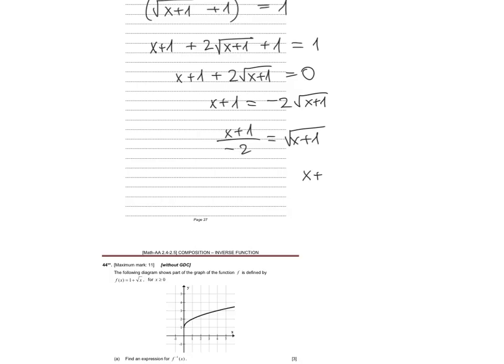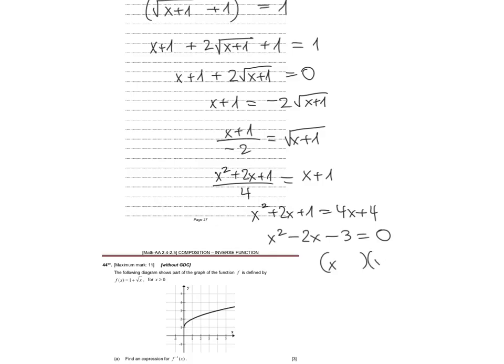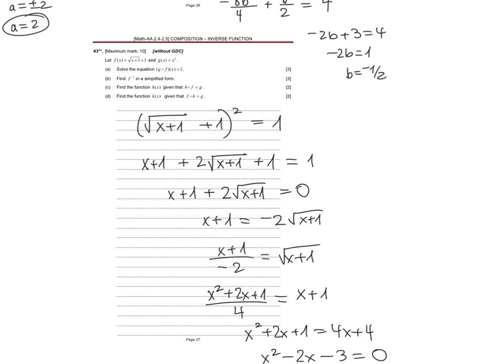Okay, so that's going to be x plus 1 on one side, x squared plus 2x plus 1 over 4, and then cross multiply, and then subtract, and minus 3, and then factor, minus 3 and plus 1. So x is 3 or x is negative 1.